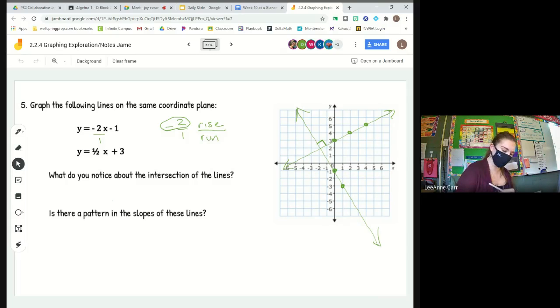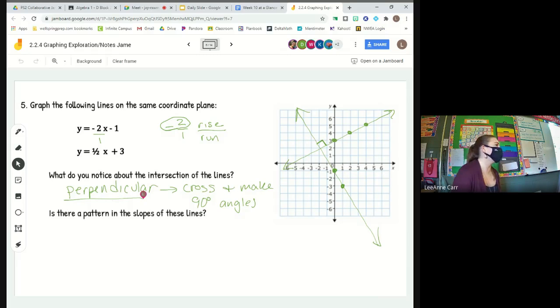Oh, yeah, Connor and Evelyn, thank you. These are what we call perpendicular lines. Okay, so these are perpendicular, and we know that they cross and make 90-degree angles. Okay, so that's our other big word today. We got parallel. The second one we got is perpendicular. Stick with me, Emery.